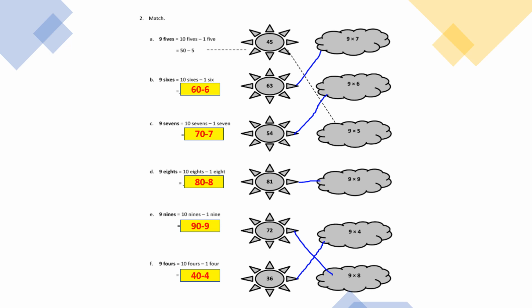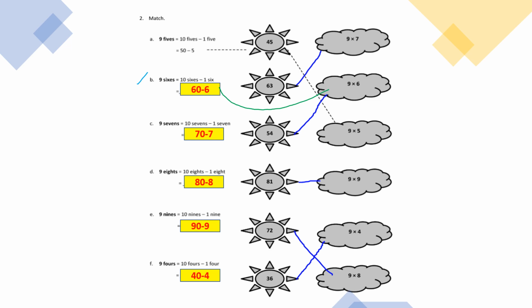Now let's look at B. 9 sixes, and we said that was 9 times 6. So we're going to draw a line from the letter B. 9 times 6. Which is here.